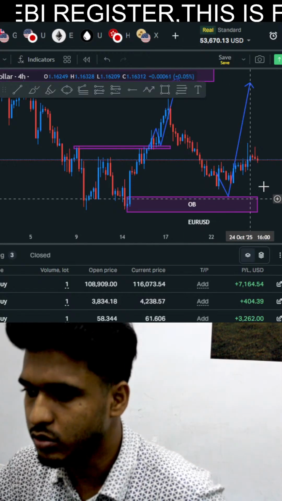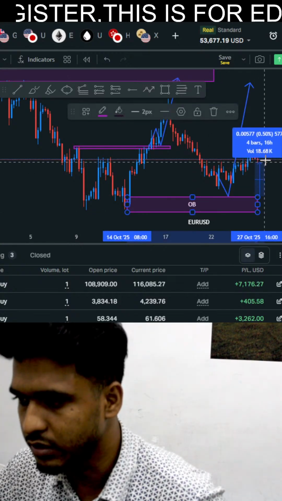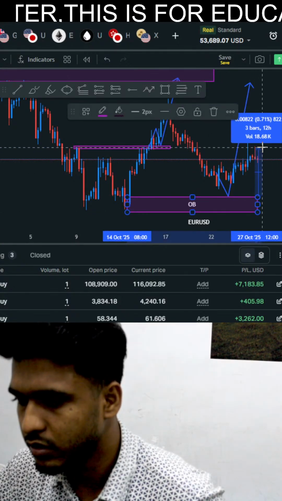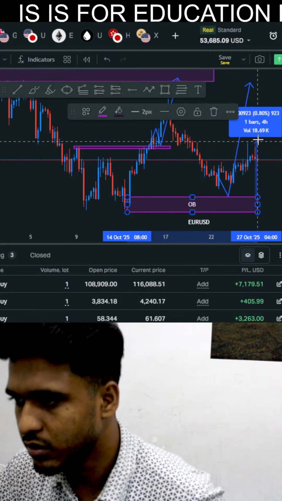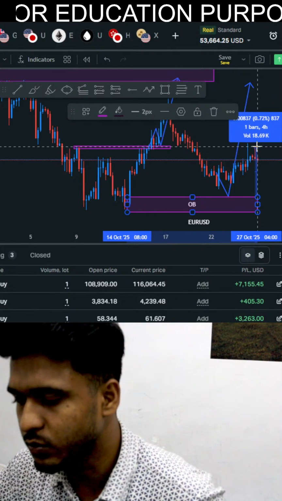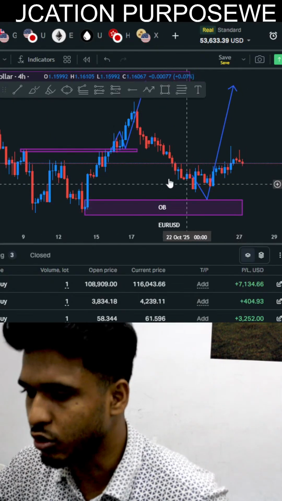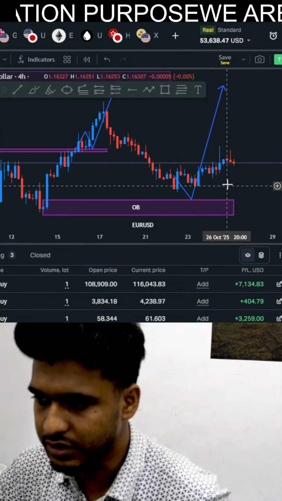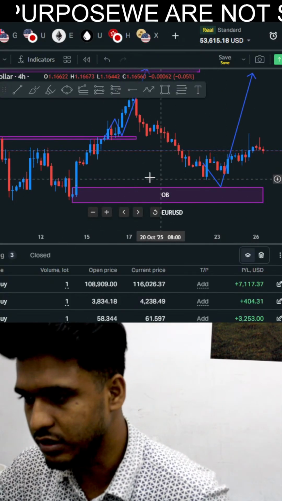Due to that we missed it. Okay, so the dollar has low volume as the currency strength is low. We missed our trade in that.